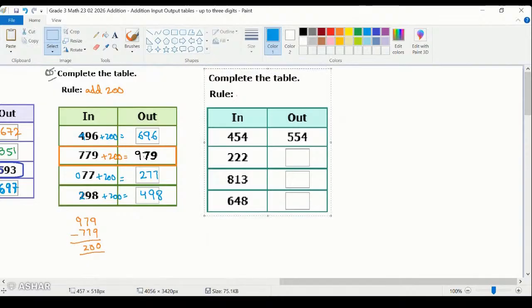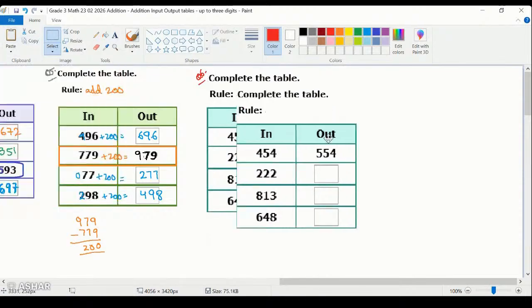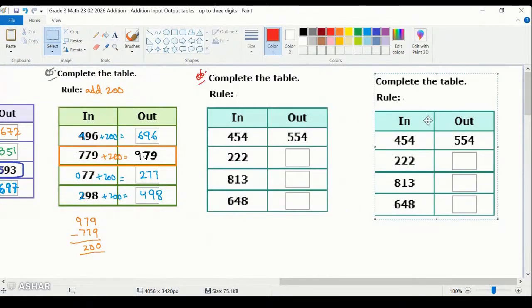So what should be question number 6? What should be the rule in this case? How much are we adding in question number 6? What about question number 6?